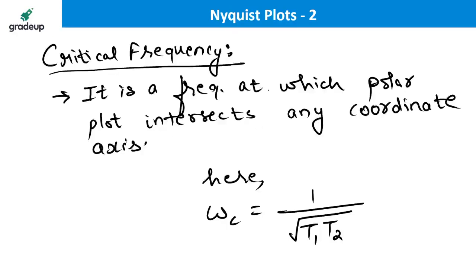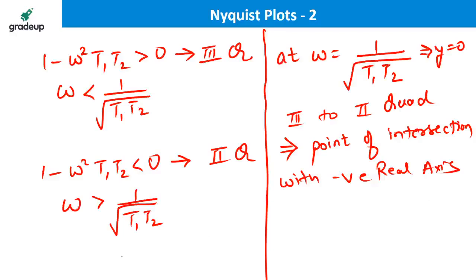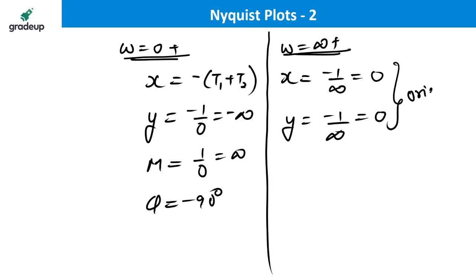Then I will complete the calculations at omega equal to infinity plus. Let us see x and y. Omega is in the denominator, so 1 upon infinity is 0. Here omega is in the numerator also, but the degree of the denominator is more, so the answer remains 0. So x is minus 1 by infinity, that is 0. Y is also of the form minus 1 by infinity, that is 0. So clearly again we get a point, that is the origin. How to identify the origin?